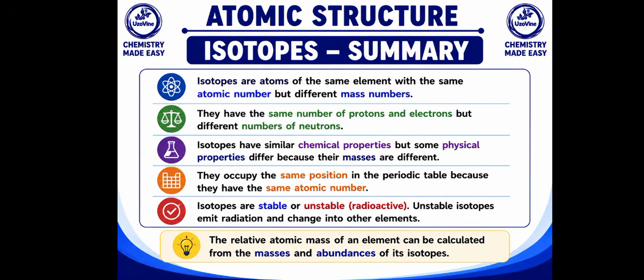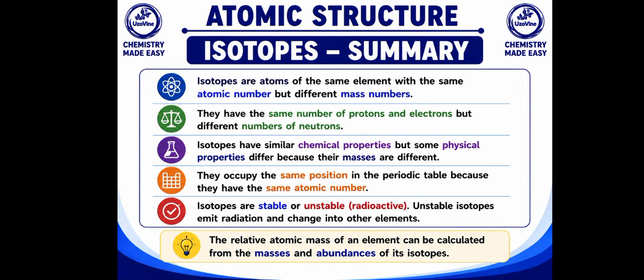Let's take a summary of what we've learned so far under isotopes. We said isotopes are atoms of the same element with the same atomic number but different mass numbers. They have the same number of protons and electrons but different numbers of neutrons. Isotopes have similar chemical properties but some physical properties differ because their masses are different.